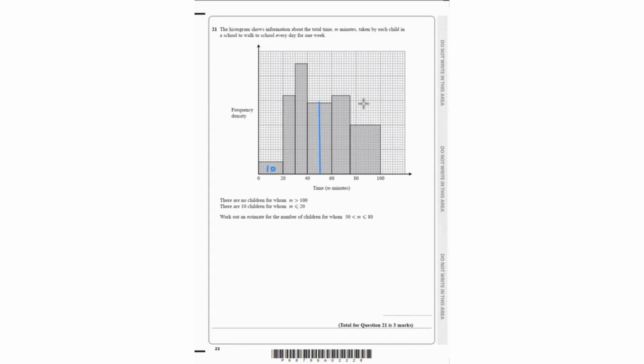From here to here. This is our focus area. So first, let's use this information to figure out the frequency density. So frequency density is going to be 10 out of 20. That's 0.5.